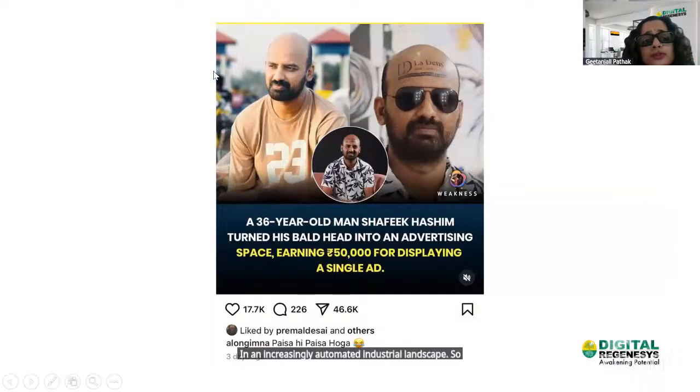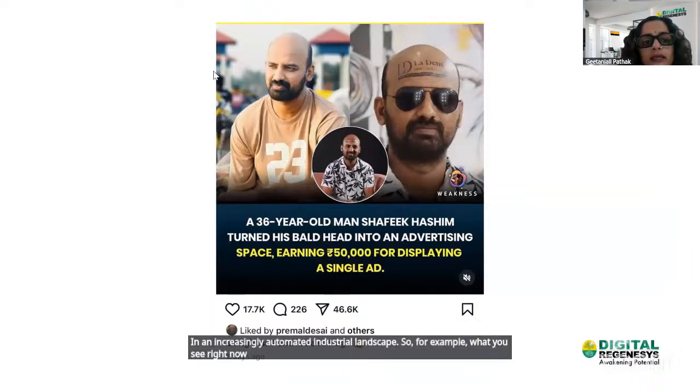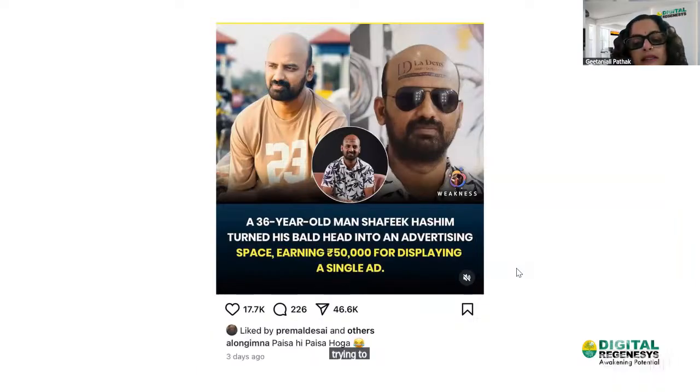So for example, what you see right now is definitely an example where you see a particular individual with that creative thought process trying to make money out of display advertisement. Somebody who is thinking out of the box is definitely part and parcel of the digital advertising, marketing and branding domain.